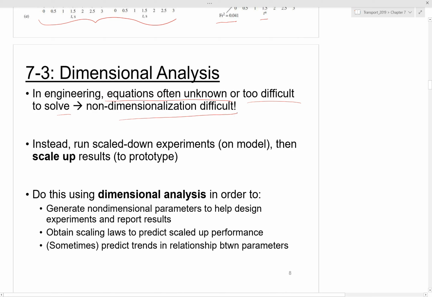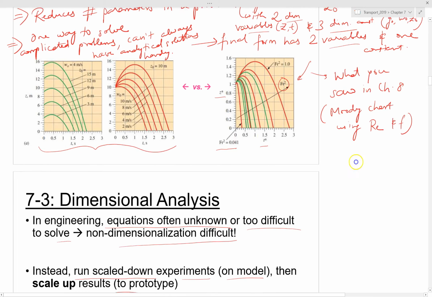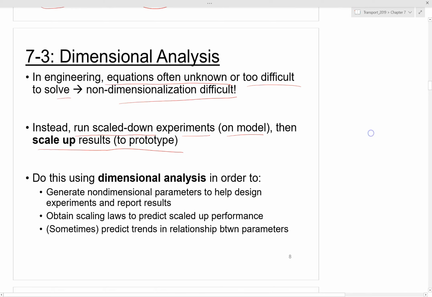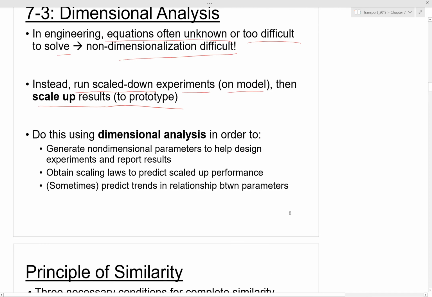Where non-dimensionalization is difficult, what we do is we run scaled-down experiments on a model, and then we scale it up based on relationships such as what we saw here. The key parameters like doubling of W0 has an effect of decreasing Z0 by 4x. So we make such inferences and we use it for scaling up of systems.